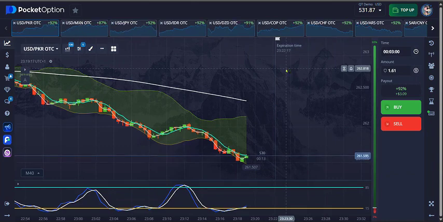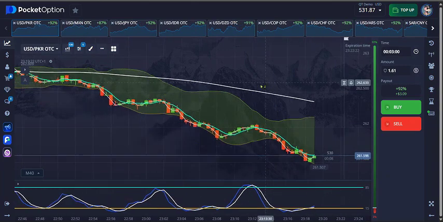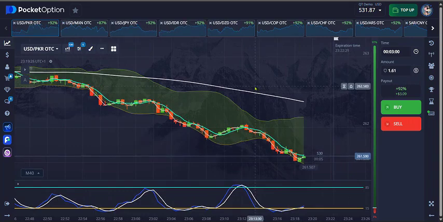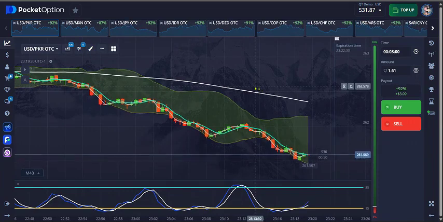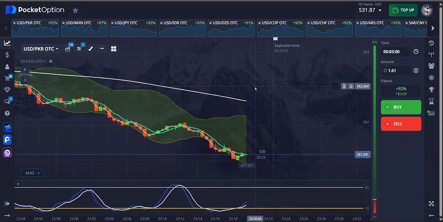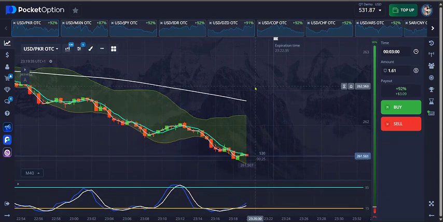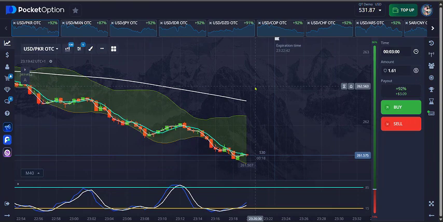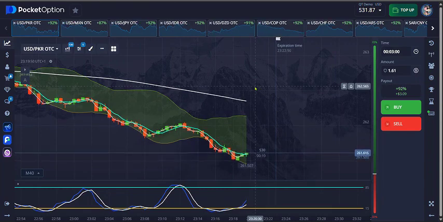And if you look at my screen right now, you will see that the strategy I used in the last trading session is not the same strategy on my screen. That's because I told you guys that in Pocket Option, you need to have winning strategies. Winning strategies are going to produce the best result for you. And as I also told us, there are certain strategies that are not good based on certain time frames.